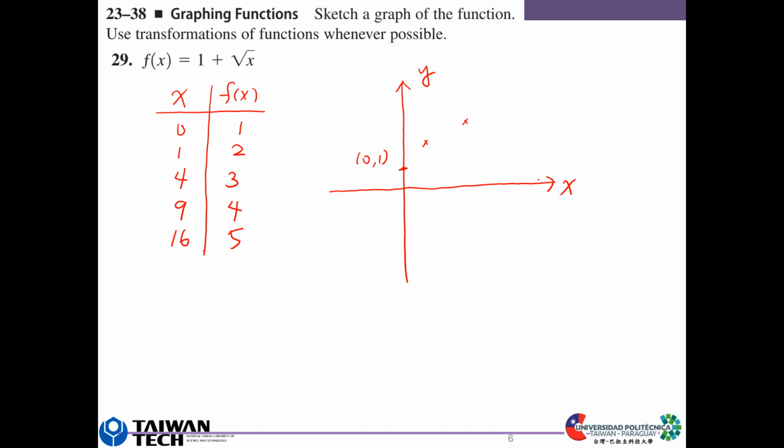The fourth is (9, 4), and maybe (16, 5). So the graph is like this. The domain must be x greater or equal to 0, because x is what is inside the square root. So this is the correct answer. Okay, so easy.